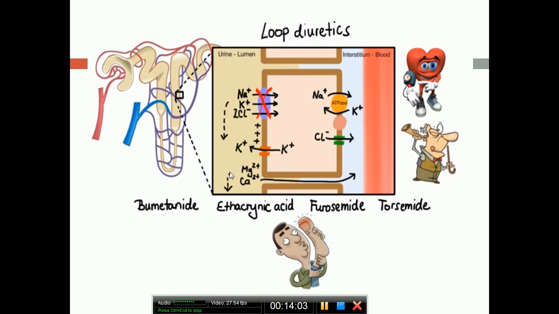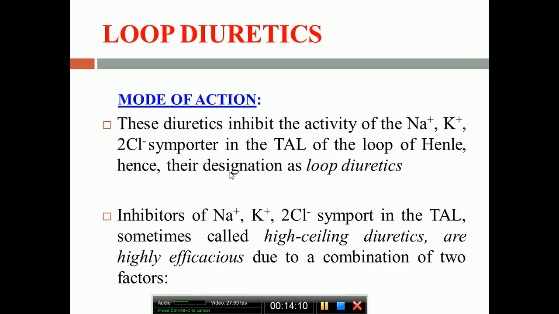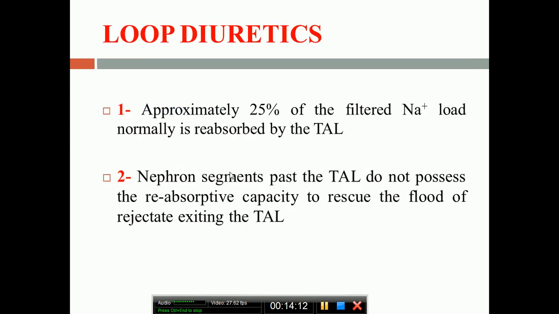So calcium and magnesium reabsorption will also be disturbed. Approximately 25% of the filtered sodium load is normally reabsorbed here.